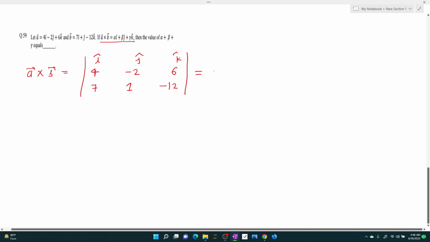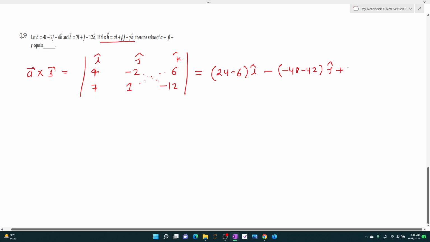So let's find out. So it will become the cross product, so it is 24 minus 6 i cap, then negative of j cap, and we will have minus 48 minus 42 of j cap, right? I hope you know how to find out the cross product, if we are simply finding out the determinant of this one against the first row.